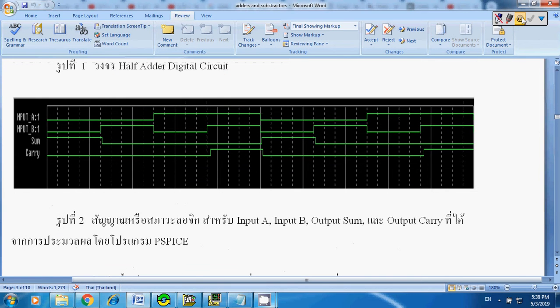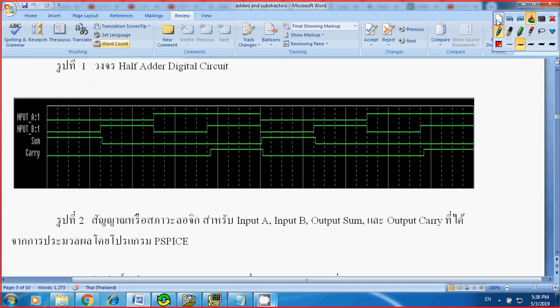Okay, so I'll start with input A to be 0 0 1 1 for the combinations. And for B, you start with a 0 and then 1 and then 0 and then 1. Sorry, I did this wrong.